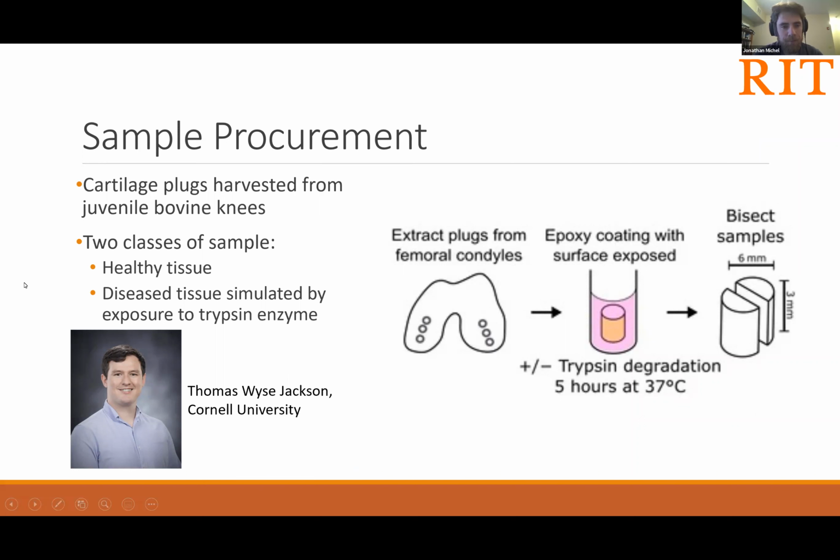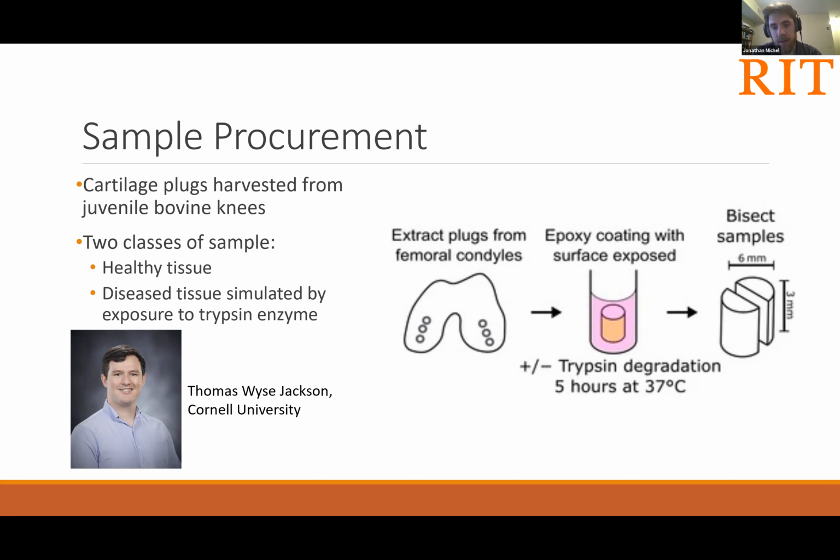So I just wanted to mention, I've been fortunate to work with a skillful graduate student, Thomas Wise Jackson. All of the experimental work I'll be showing you in this part of the talk is principally the work of Thomas, and I'm certainly indebted to him. So what Thomas has done is to take plugs out of the cartilage of recently sacrificed calves.